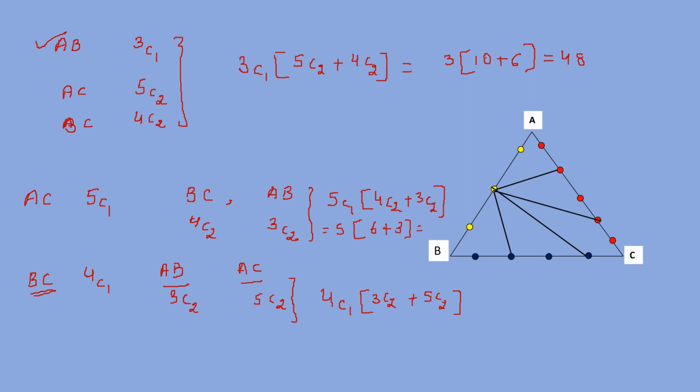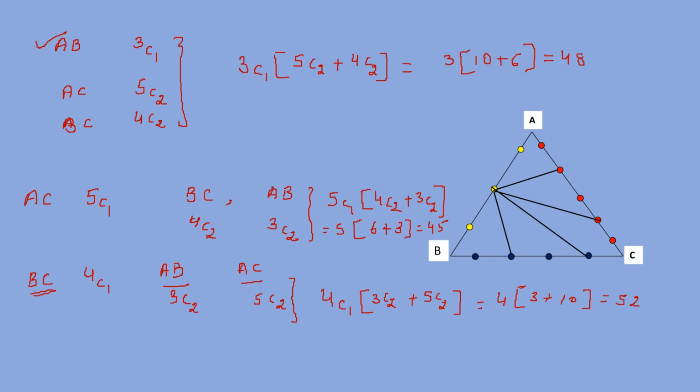That means 45 triangles from here. And similarly, from here, 4 times 3C2 means 3 plus 5C2 means 10. So 52 triangles from here.